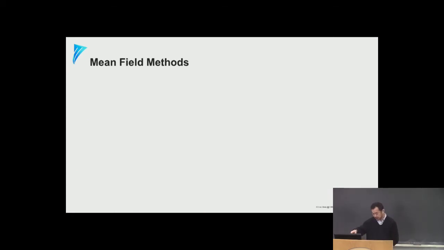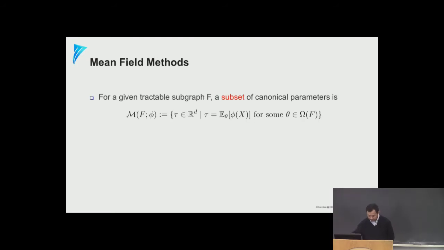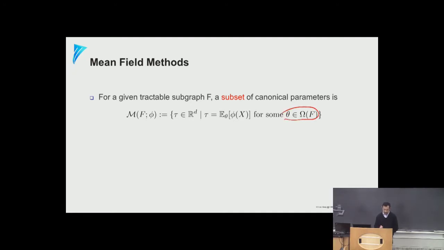So let's think about the mean field more specifically. For a given tractable subgraph, the subset of canonical parameters falls into here.